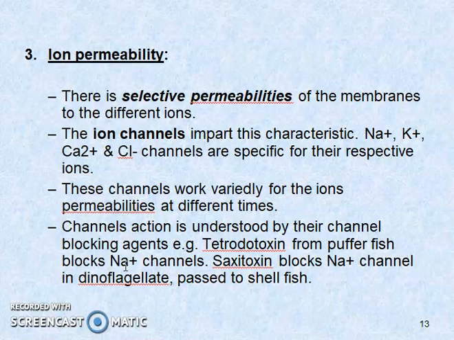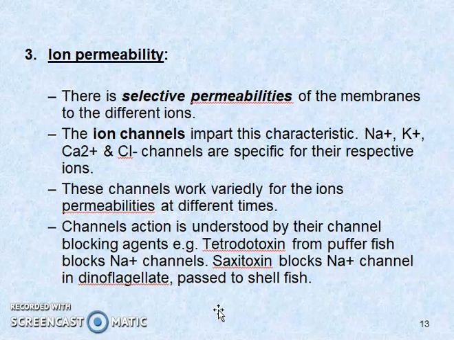So this is just like that. We use these toxins for research, to block some specific channels and then see the effect upon the overall body, which actions are taking place and which are not. So we get to know that these actions are due to the opening of sodium channels. Now they are blocked, so this action is not happening.